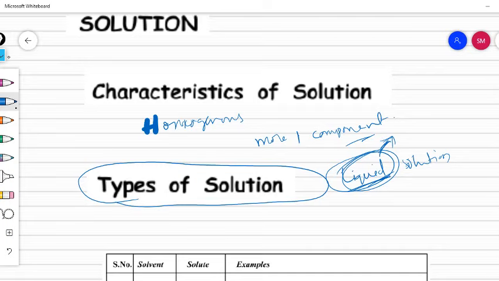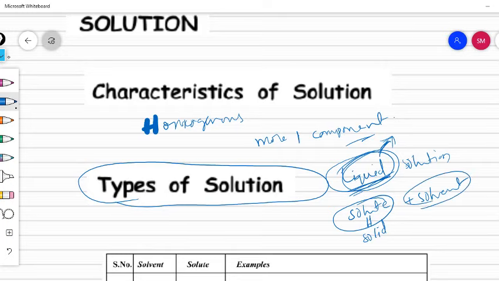But before that, you must know what kinds of solutions are present, meaning how the type is going to differ based on the solute as well as the solvent, isn't it? So in sugar solution, what is the solute? Sugar, which is in solid form. And the solvent in sugar solution is water, which is in liquid form.